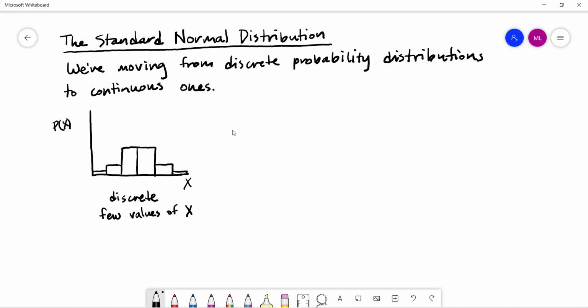Well, if we start to increase the number of values of x that we're interested in, our curve might look something more like this. Again, I've got x on my horizontal axis, p of x on my vertical axis, but now we'd have a lot of bars.